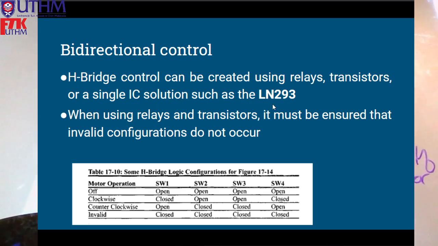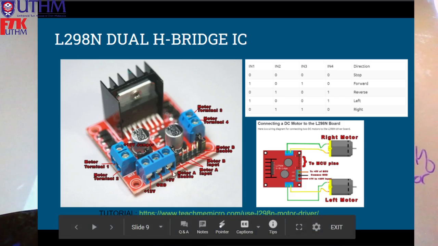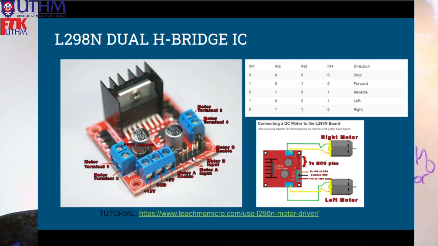Okay, what's the benefit of using this IC? If you can see the picture here, right? Instead of having to control your switches, you're going to waste a lot of microcontroller input output by doing that.